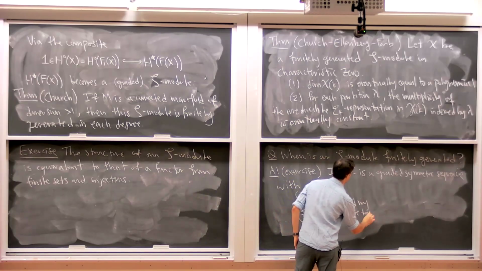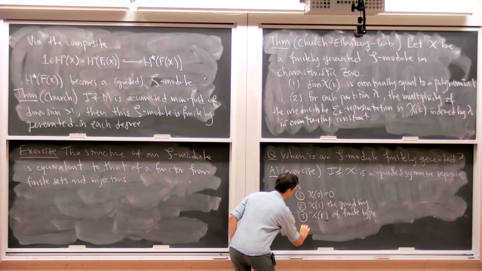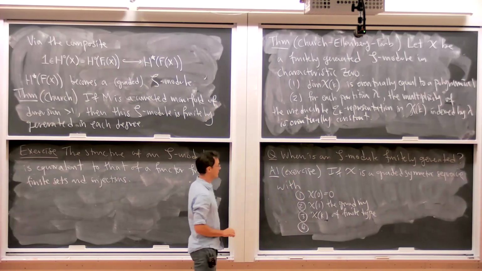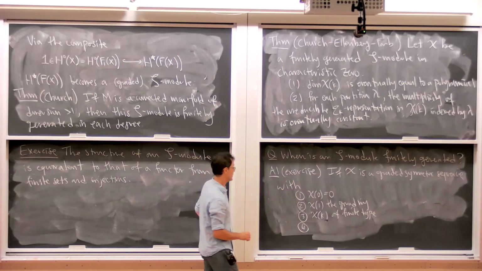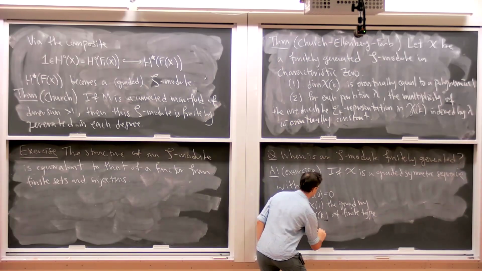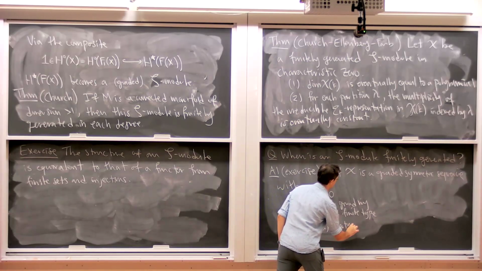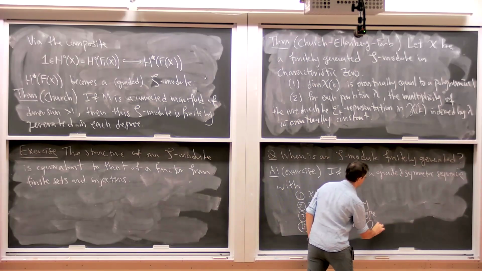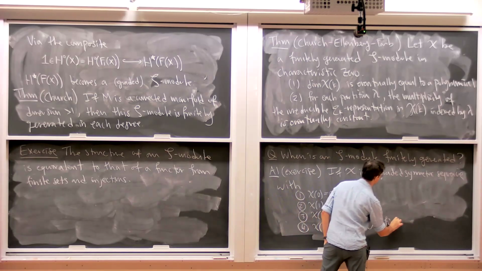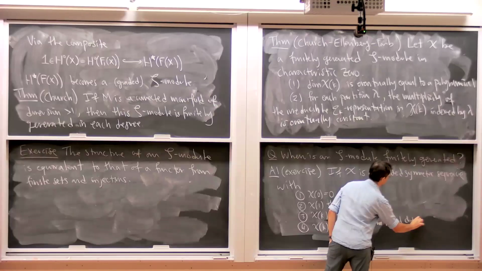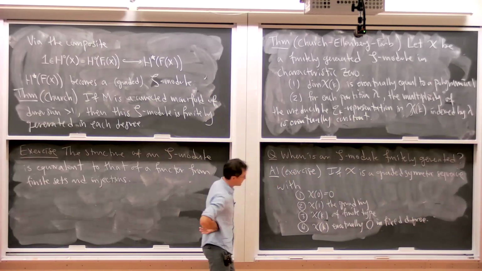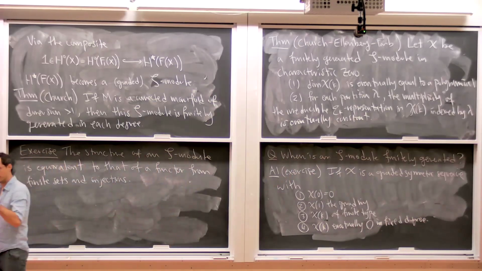And finally, there's an eventual vanishing condition: X of k is eventually 0 in fixed degree. So we don't have infinitely many generators in a particular degree.